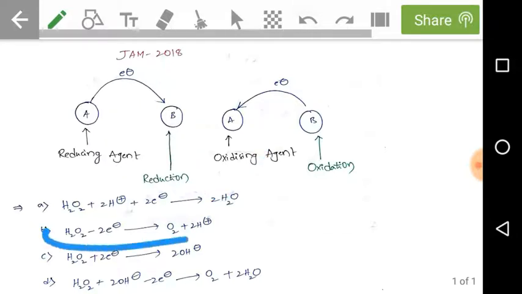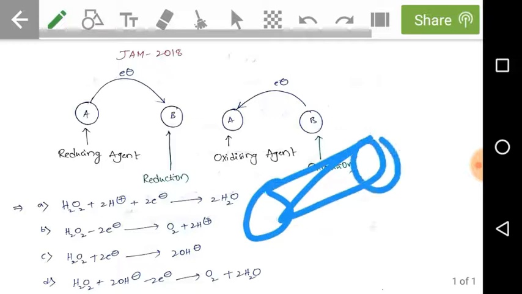Now we check option B, the second reaction. Here you can see -2 electrons, meaning hydrogen peroxide is losing 2 electrons and producing O2 plus 2H plus. In hydrogen peroxide, each oxygen of the peroxide bears -1, and in the product O2, each oxygen bears a neutral charge, no charge.